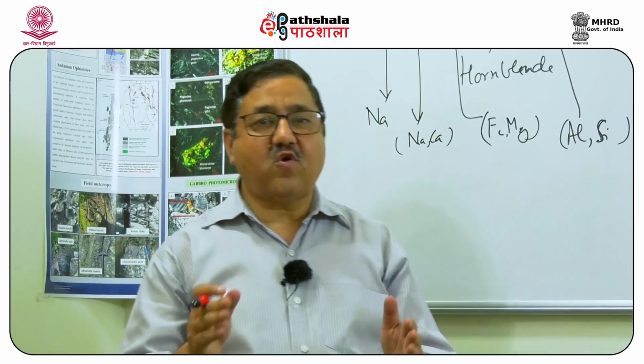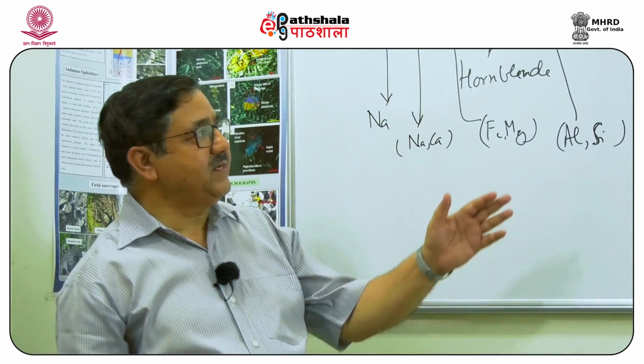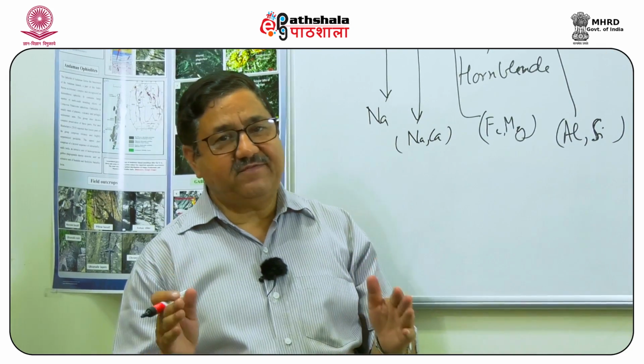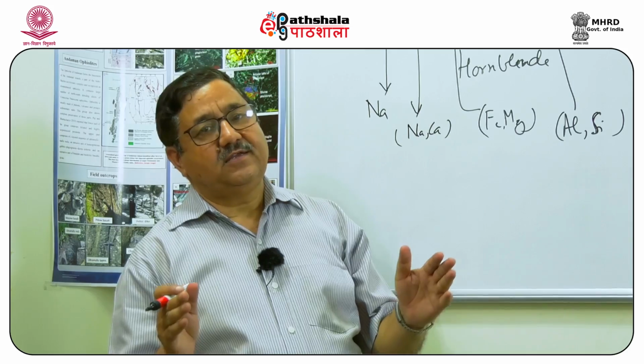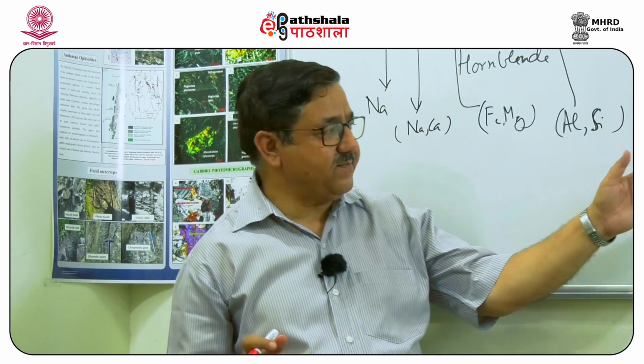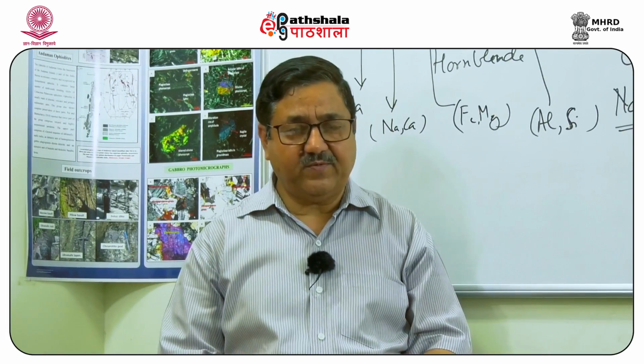Besides these common amphiboles, there are a range of other amphiboles. For example, in sodium potassium amphiboles with slight variation in composition, the Rebecite, another potassium bearing amphiboles can be present, and similarly there are a range of amphiboles.